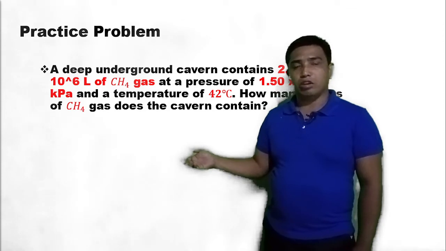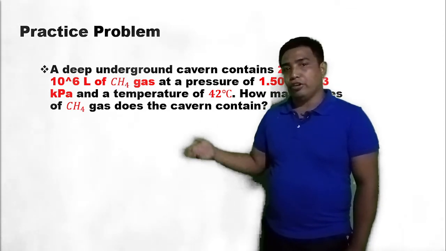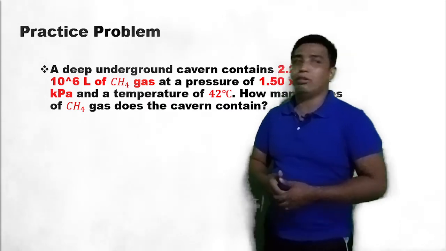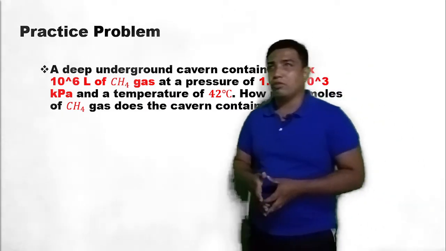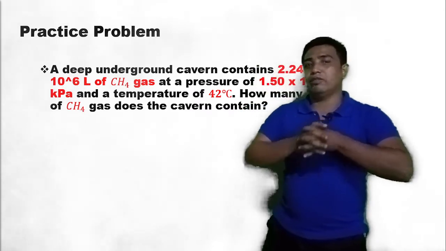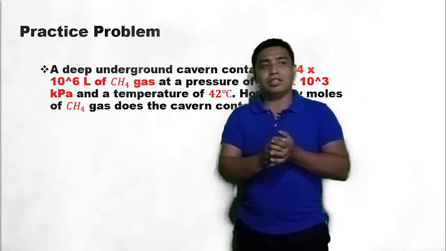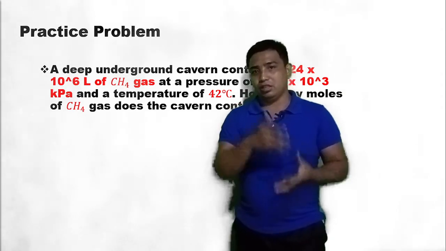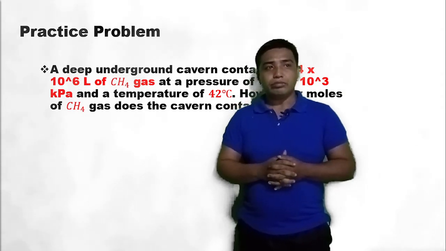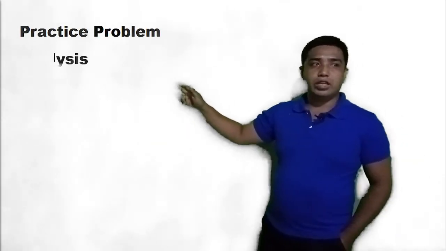So how many moles of methane does the cavern contain? This is very functional for miners, geologists, and researchers. So we have to analyze that, and it is stated that we need to find the number of moles of CH4.